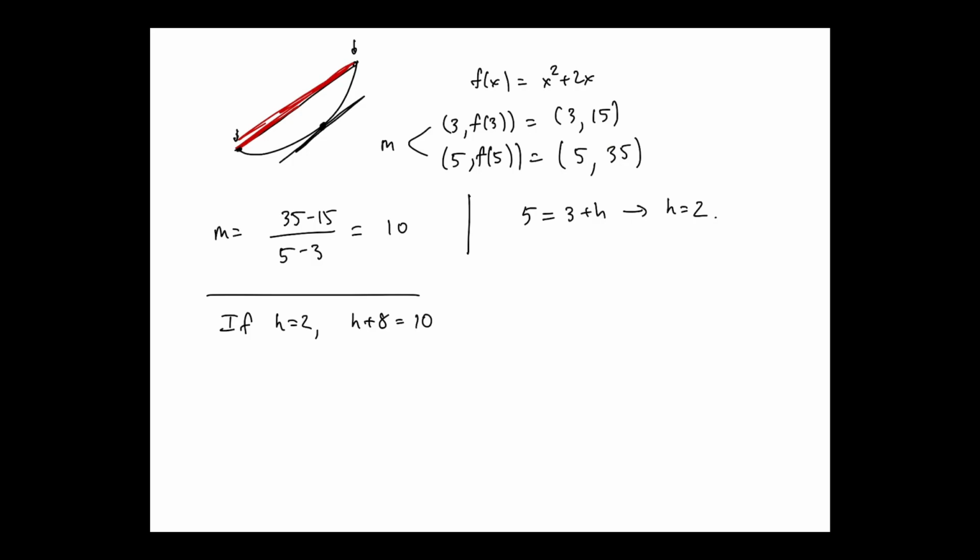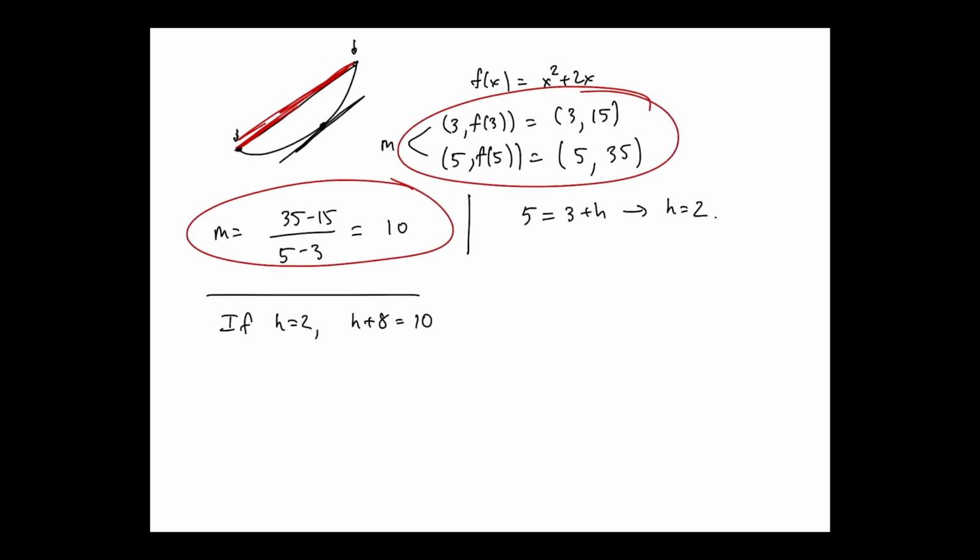Now, in our expression here, the stuff that we computed here and here, do we have h in it at all? No. But what could we think of f of 5 as being? It's really f of 3 plus h, where h was equal to 2. Yeah? Okay.